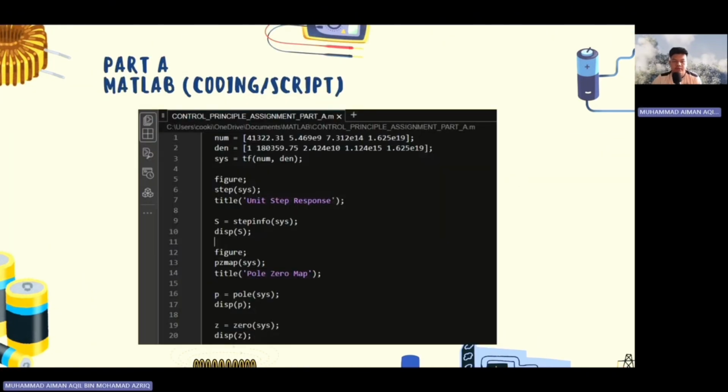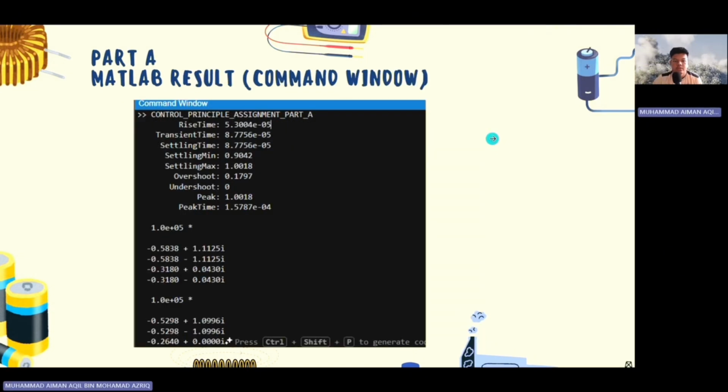Okay, next for part A, MATLAB coding. As you can see, here's the coding that I used. Later in the video, I will explain each command in this code. Right now we'll be looking at the MATLAB result in the command window.